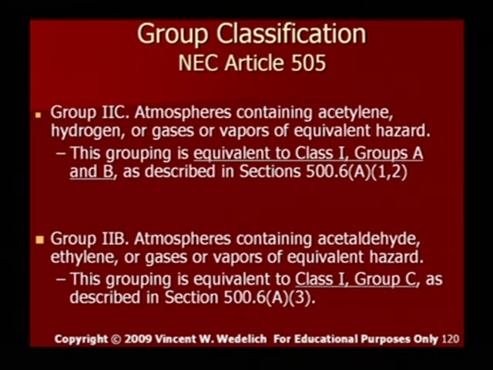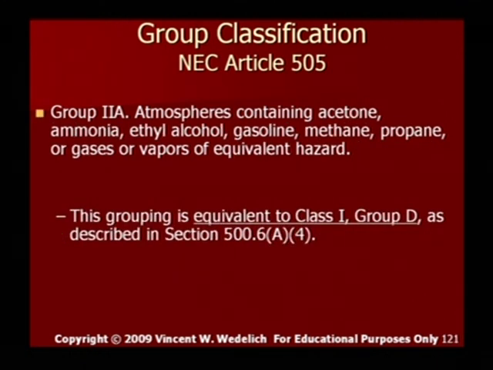This grouping is equivalent to Class 1 Group C as described in Section 500.6(A)(3). And then Group 2A, atmospheres containing acetone, ammonia, ethyl alcohol, gasoline, methane, propane, or gases or vapors of equivalent hazard. This grouping is equivalent to Class 1 Group D, as described in Section 500.6(A)(4) of the National Electrical Code.